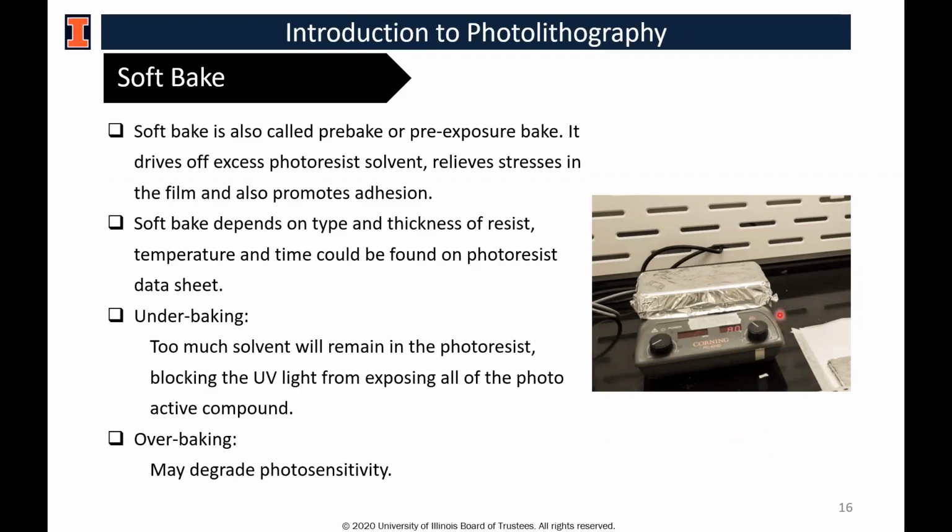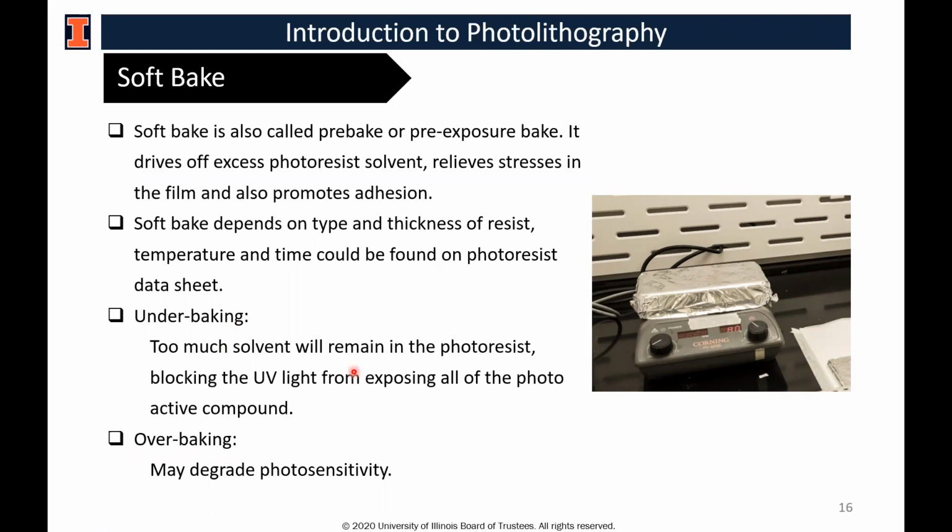And we just use a simple hot plate to do the soft bake. The soft bake depends on the type and the thickness of the resist. So the baking temperature and the baking time can be found on the photoresist data sheet. Also, you can tweak the parameters according to your need. However, you should pay attention to two scenarios: under baking and over baking.